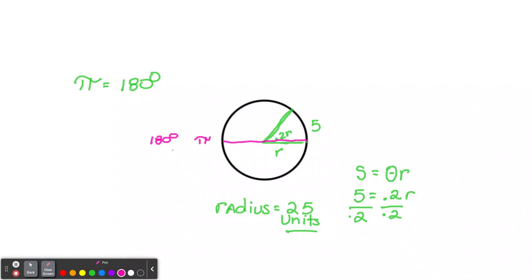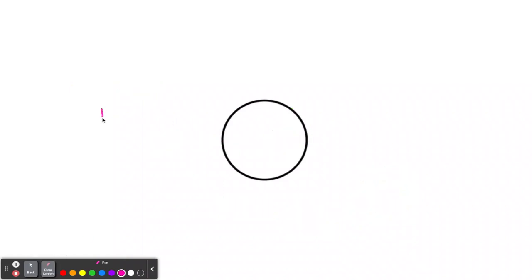So let's clear this out. Again, we said that pi would be 180 degrees. Of course, we know that pi is 3.14, but when we're talking about radians, pi radians is 180 degrees. And again, half the circle, we have our pi. And if we went around a full circle, we would have 2 pi.